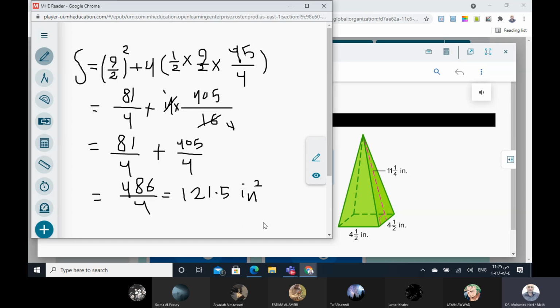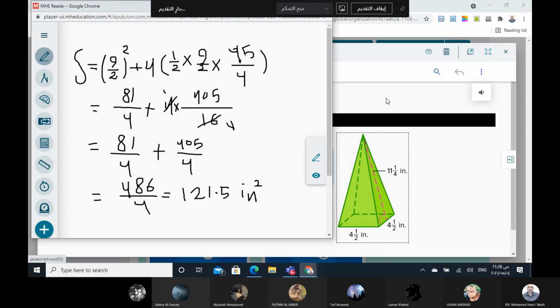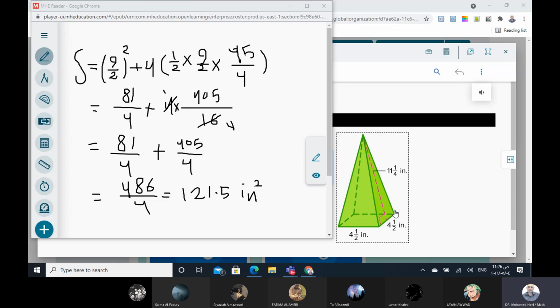Who has any question here? Mister, how did you get the 4 at the first step? We put 4 here because when the base is a regular polygon, you get congruent lateral faces. As you see here, we have a square.